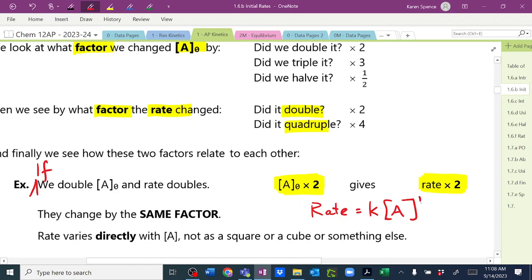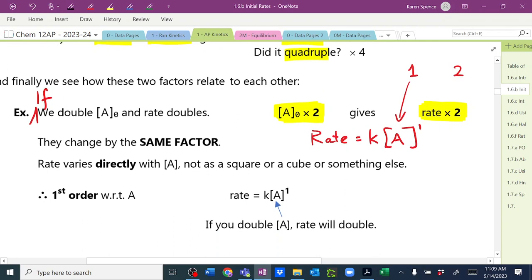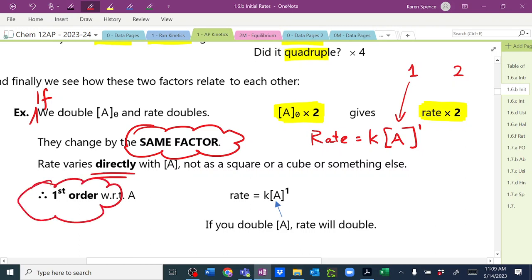Is that fairly obvious? Because if I take this and it was initially 1 and then I change it to 2, the rate will be twice as much. Yes? Okay. So if they change by the same factor, that's going to be a direct relationship, and you're going to have first order with respect to whatever that substance is.